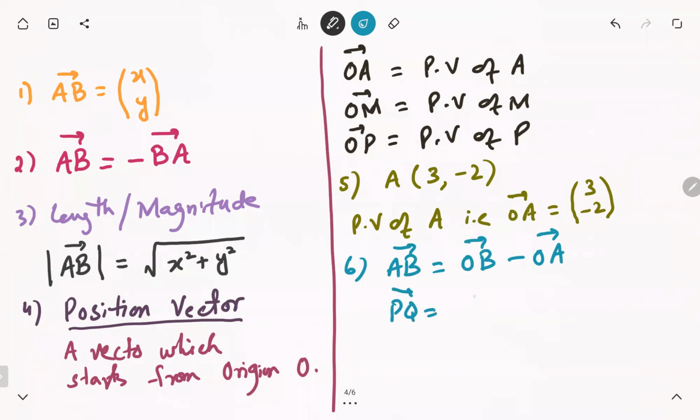Vector PQ is equal to OQ minus OP. If someone is writing OP minus OQ, that will be wrong, because direction is very important when you are dealing with the vectors. उसमें direction opposite आएगी. Is that clear?